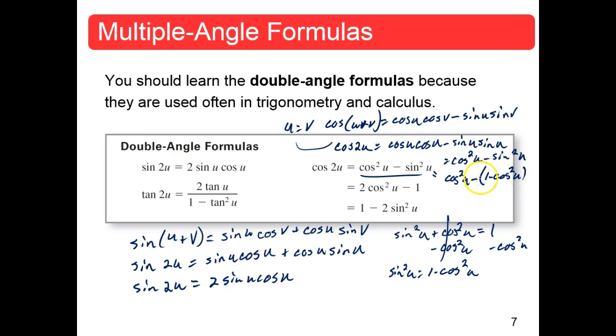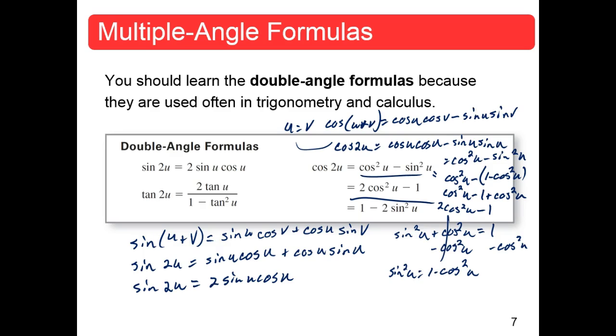But that minus out in front, if you distribute that inside the parentheses, that would be cosine squared U minus 1 minus a minus is plus cosine squared U. Now we got 2 cosine squared U, so that's 2 cosine squared U minus 1. Ding! There we have that one, right?